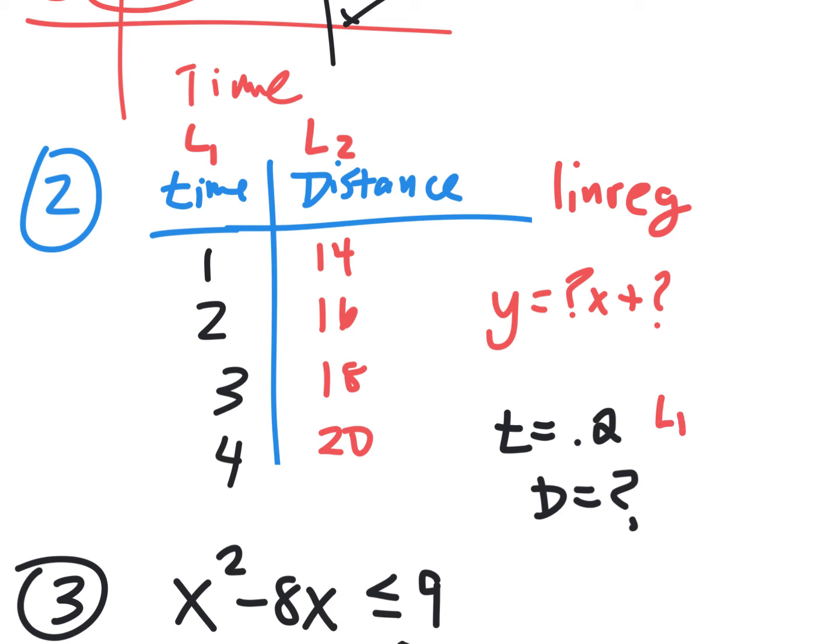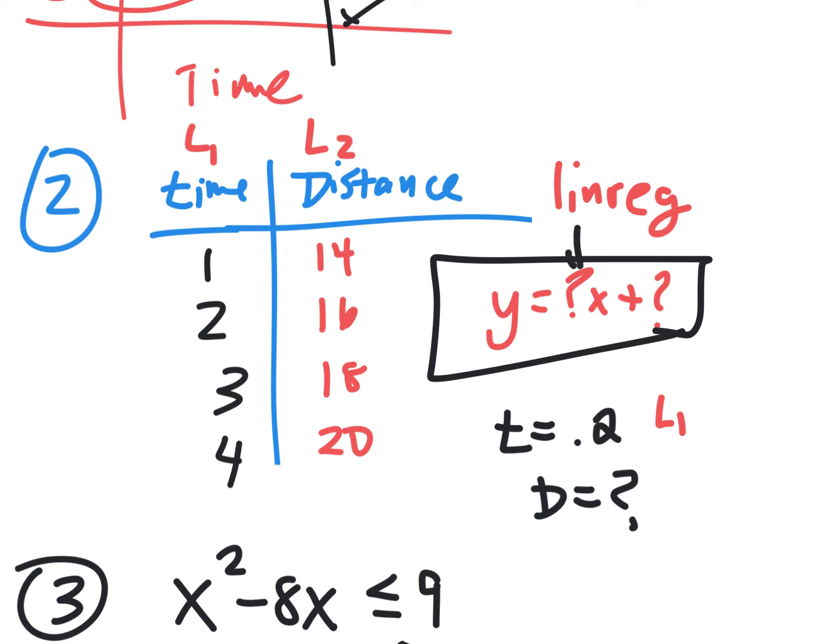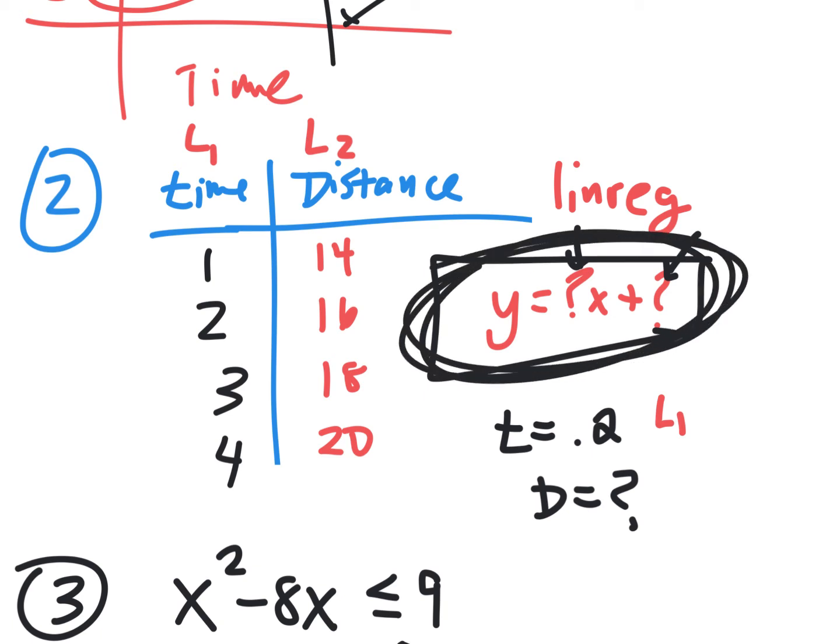Is B the y-intercept? When you do LinReg, you have the slope here and the y-intercept there. So when you do your calculator, the calculator will spit out this equation for you if you know how to do it. You can always work with your partner on that too.